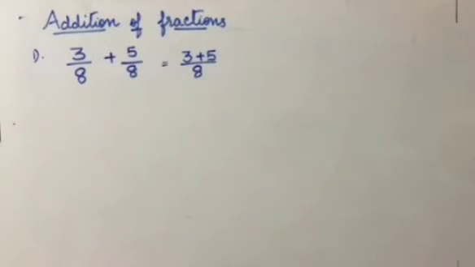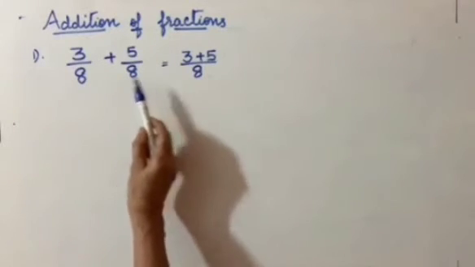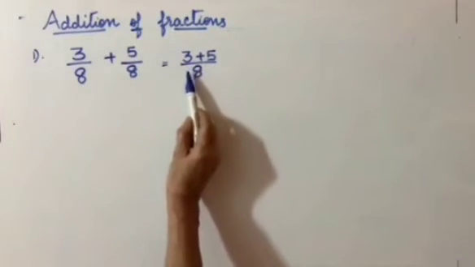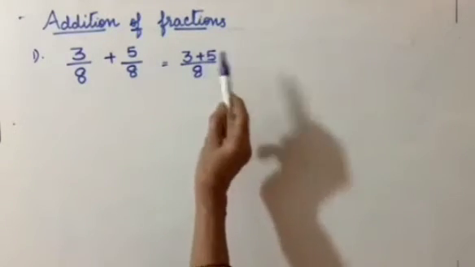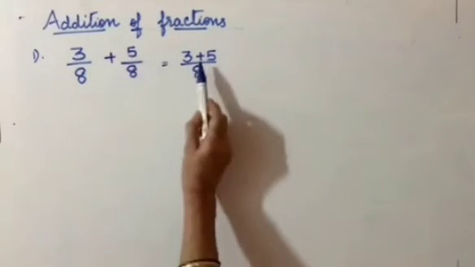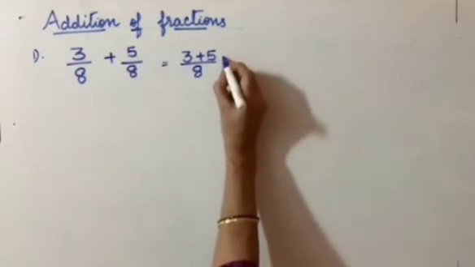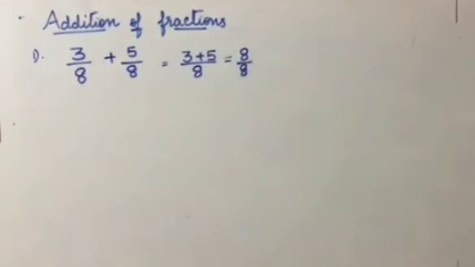Understood, children? What did we do? We checked if the denominators are common. Yes, they are. So I have written a common denominator, that is 8. Add all the numerators. We have 3 and 5. So 3 plus 5 is 8, divided by 8.